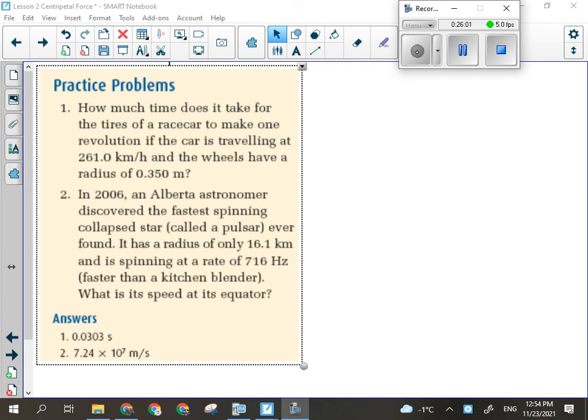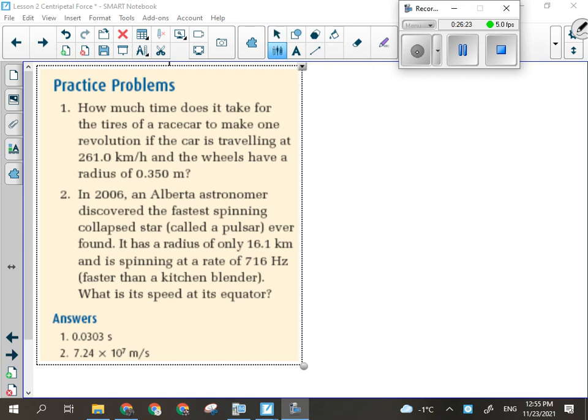So imagine something as massive as our sun, same mass as our sun, but only 16.1 kilometers in radius. It would fit inside the city of Calgary easily. But it is as massive as the sun, and spins really, really fast. It spins at a rate of 716 hertz.